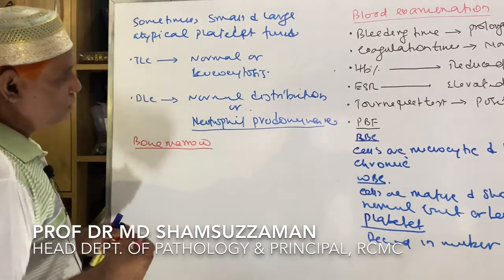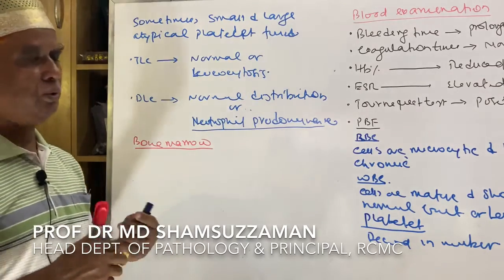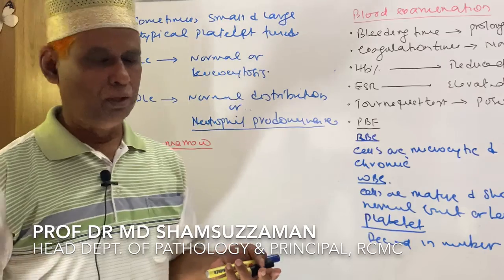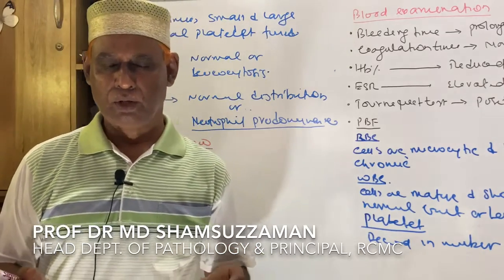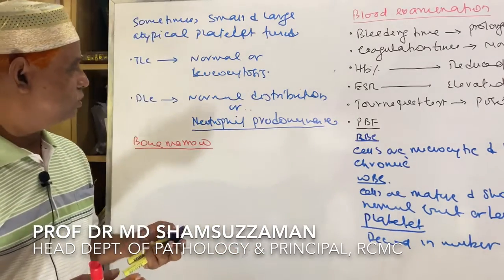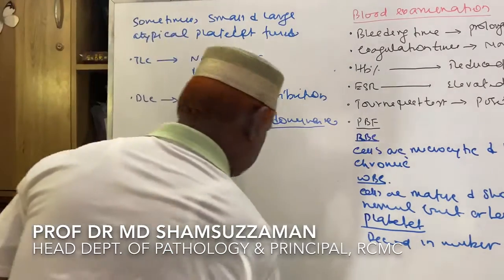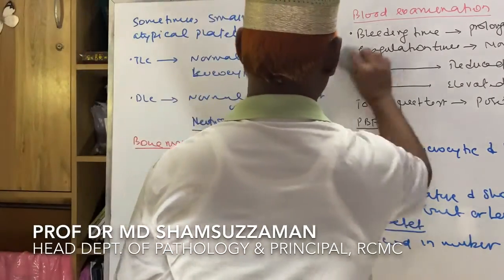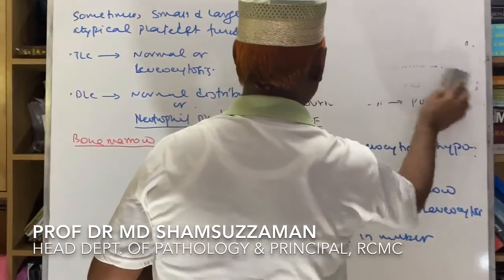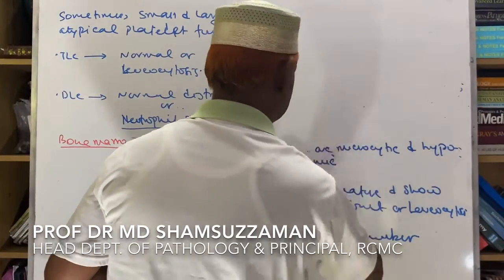Dear audience, we know in bone marrow we see the cellularity, we see the erythropoiesis, granulopoiesis, myeloid erythroid ratio, platelet, etc. Now come to bone marrow findings of ITP, that is idiopathic thrombocytopenic purpura.